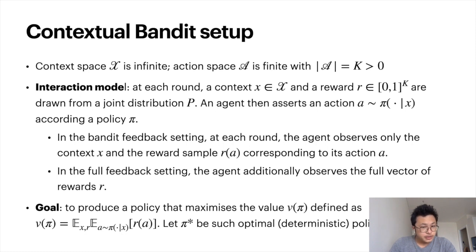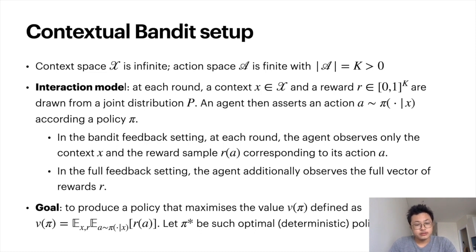We consider a bandit feedback setting where the agent observes only the context and the reward sample corresponding to its own action A. So it cannot observe the reward from the other actions that it has not selected.